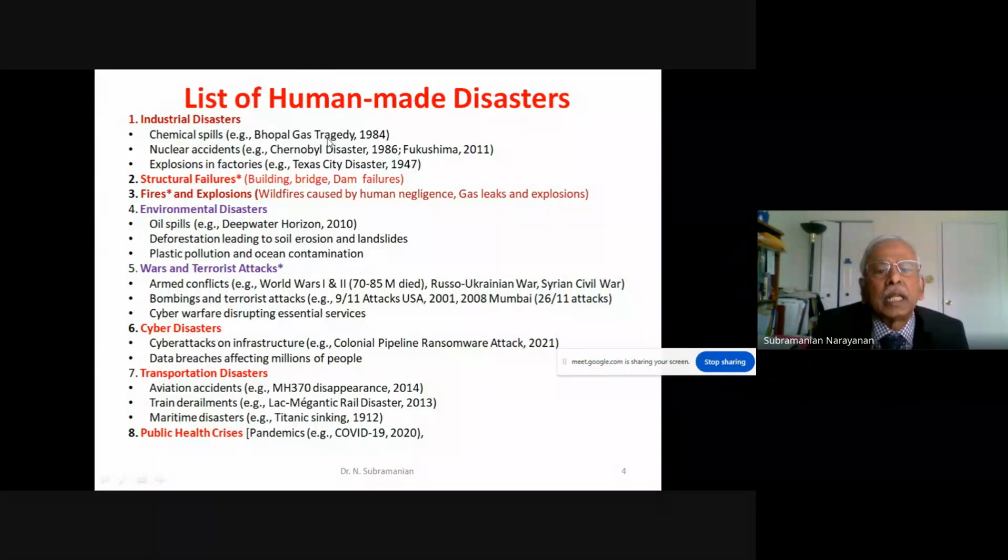Bhopal gas tragedy, Chernobyl disaster in 1986, and Fukushima 2011 in Japan. And then buildings or bridge or dam failures are examples of structural failures. Of course, wildfires you have seen recently. There was havoc in San Francisco, and oil spills, deforestation, plastic pollution, etc., which we are not going to discuss.